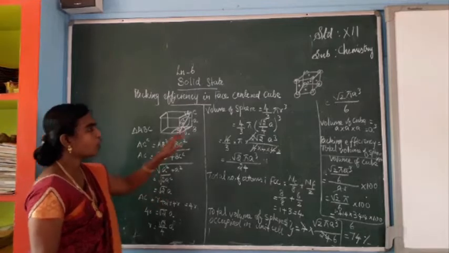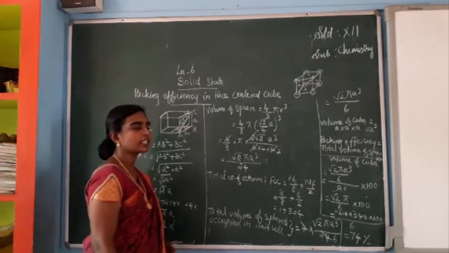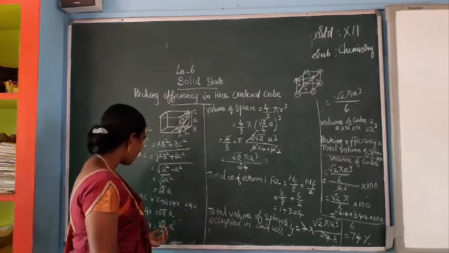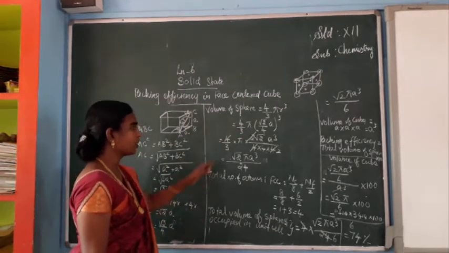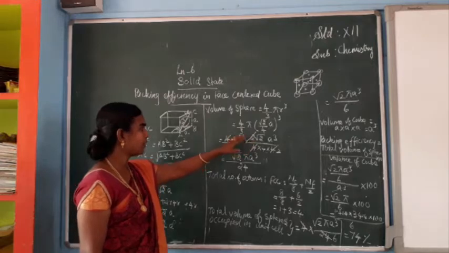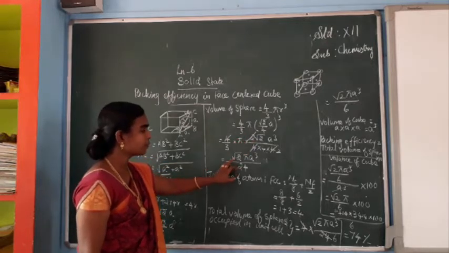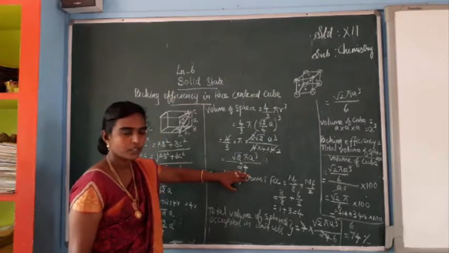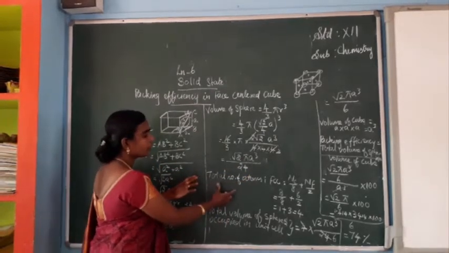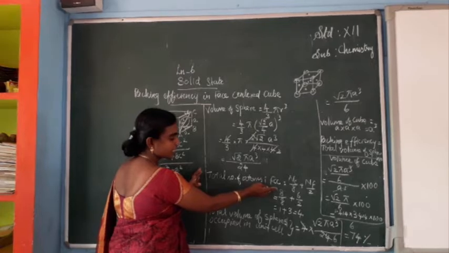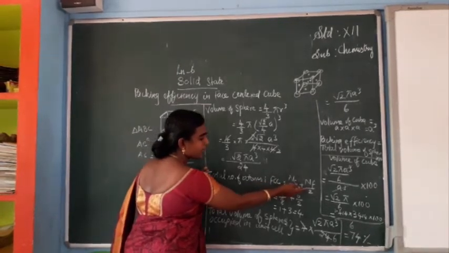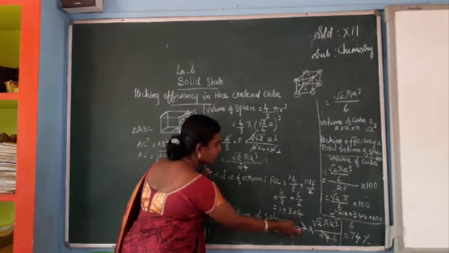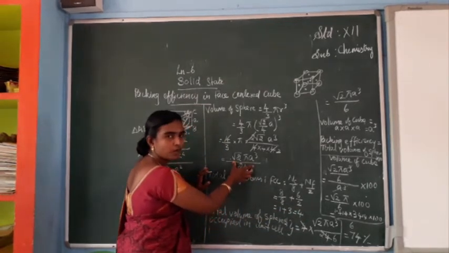Next, the volume of the sphere is 4 by 3 pi R cube. 4 by 3 pi into the R value, root 2 by 4 a, the whole cubed. After rearranging, you are getting root 2 pi a cube divided by 24. Next, the total number of atoms in FCC is Nc by 8 plus Nf by 2, which is 4. This number should be multiplied with the volume of one sphere.